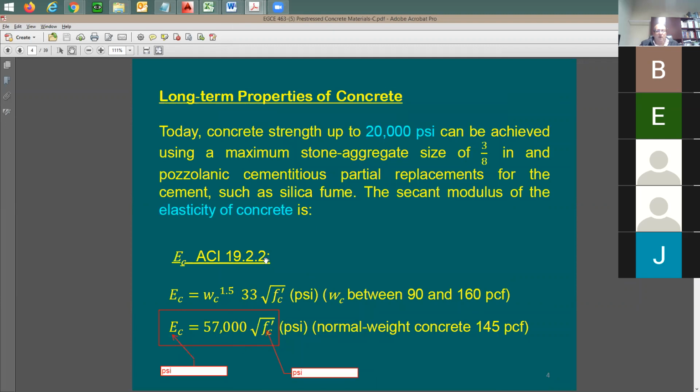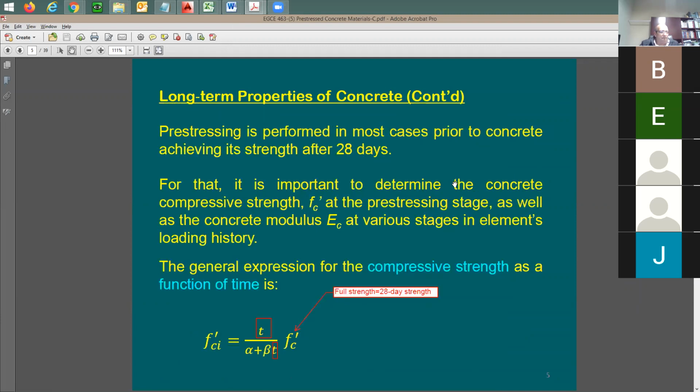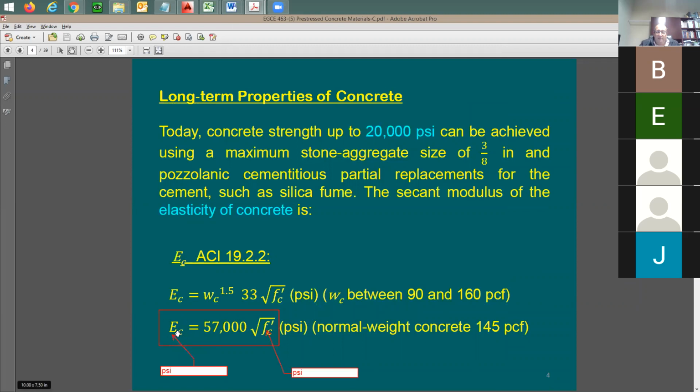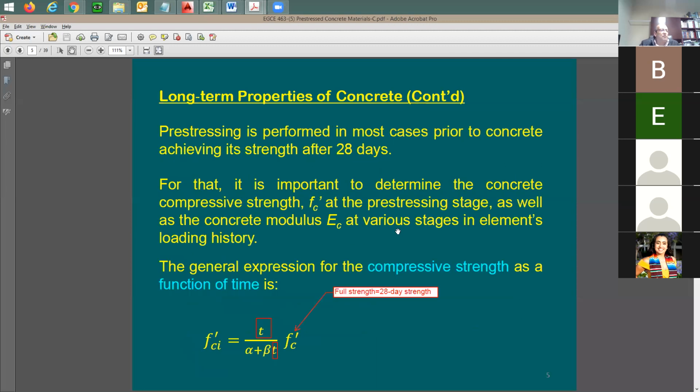So when f'c goes up, what's going to happen to Ec, the modulus of elasticity for concrete? Does it go up or go down? I think it goes up. All right, goes up.